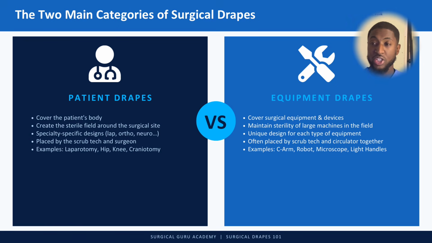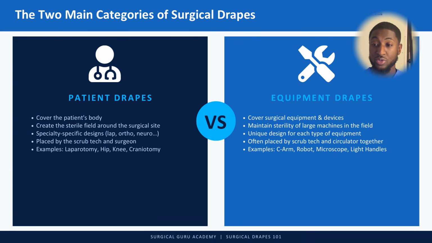So patient drapes versus equipment drapes. Equipment drapes cover surgical equipment and devices, such as a C-arm. We use C-arm fluoroscopy for x-rays intraoperatively. So during a surgery like a fracture, an ORIF, an open reduction internal fixation of, let's say, an ankle, right?